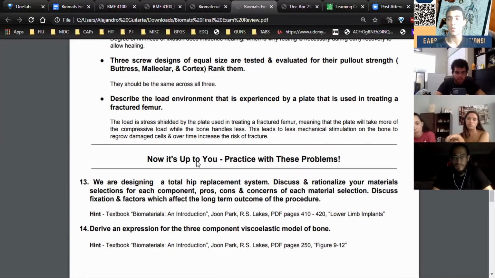Since bone needs compressive mechanical stress to be stimulated and regrow, stress shielding is bad for local growth because you want the bone to be strong. Because the plate is taking the load, the bone won't be able to stimulate itself to regrow.